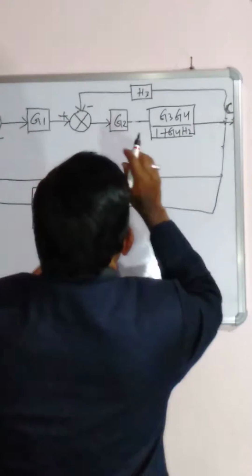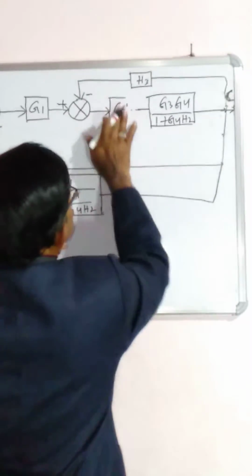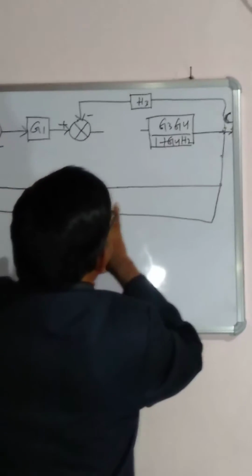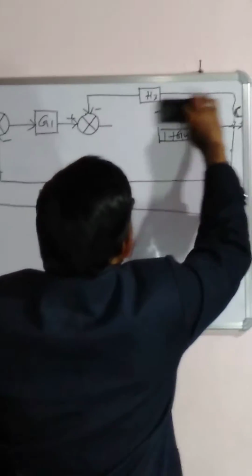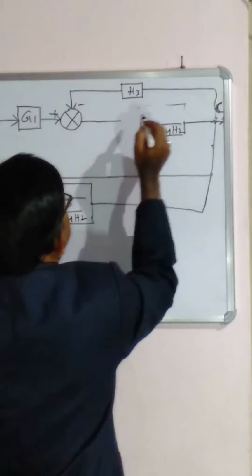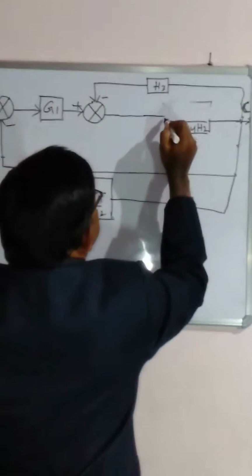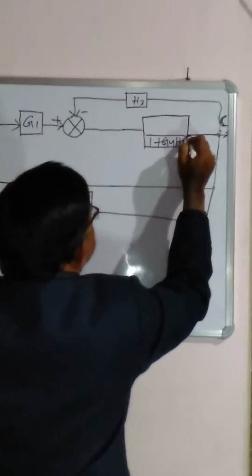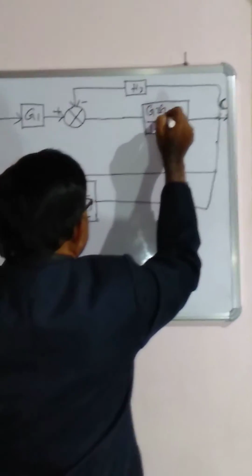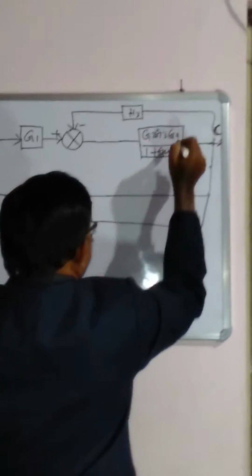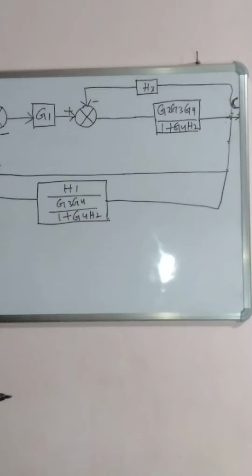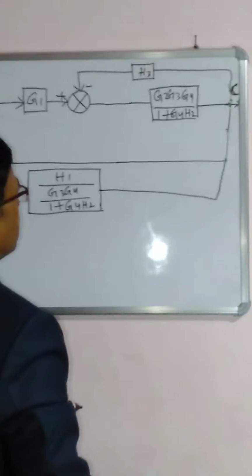Therefore, this becomes one block, that is G2 G3 G4 by 1 plus G4 H2.